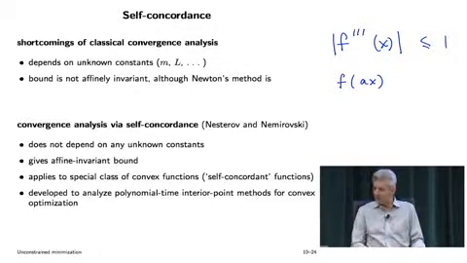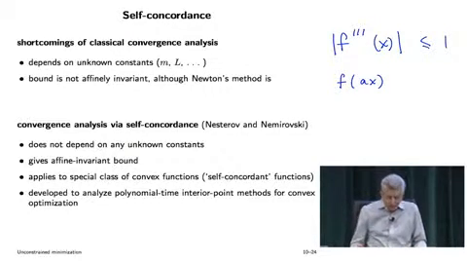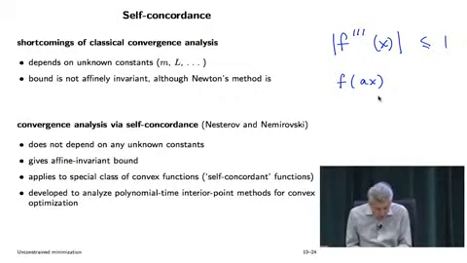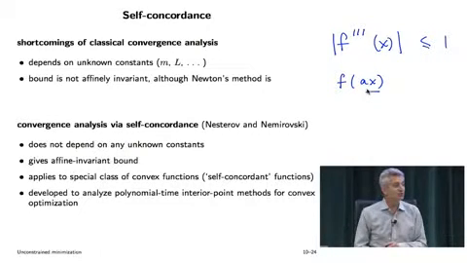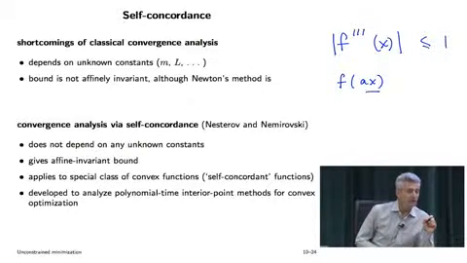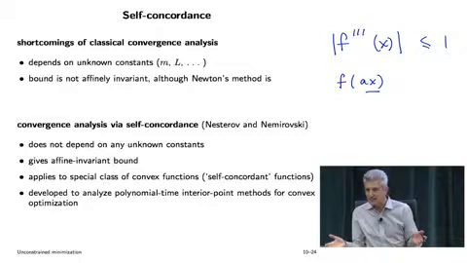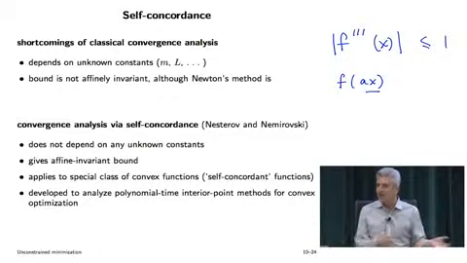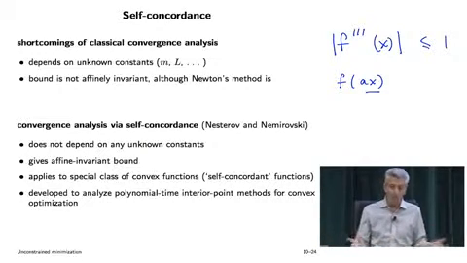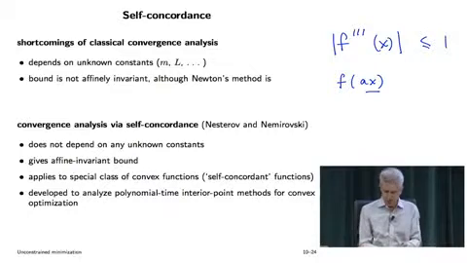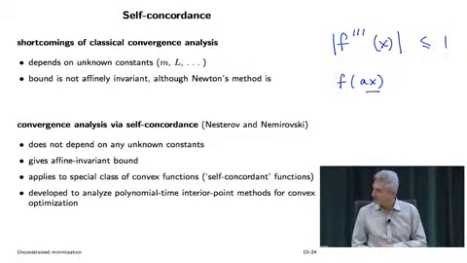And that says that by doing a change of coordinates here, I can make the third derivative any number I want. I can make it as small as I like or as big as I want. Everybody got this? So this kind of ruins everything, right? Because it says that the third derivative is not affine invariant, the magnitude of it. Well, okay, duh, right? So this would be something like L.